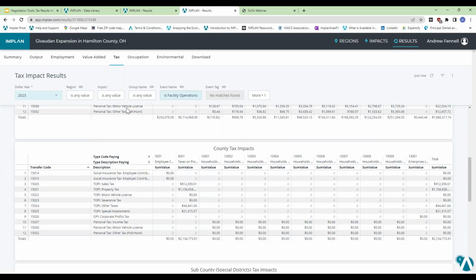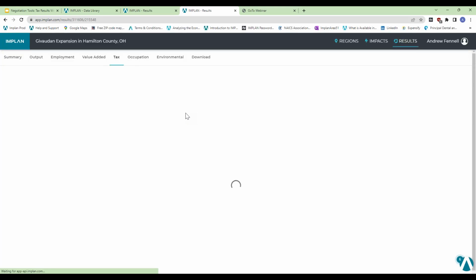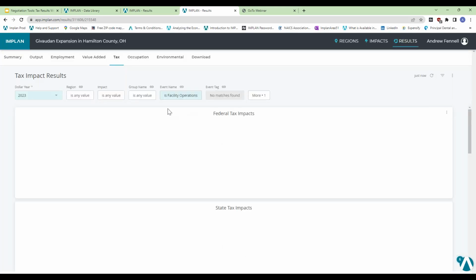of total taxes. But again, because I'm working on understanding this directly impacted business moving to the area, and I might be trying to engage the city of Cincinnati or Hamilton County to really figure out a direct tax package that I'd be paying, I might want to go ahead and look at only indirect and induced taxes.